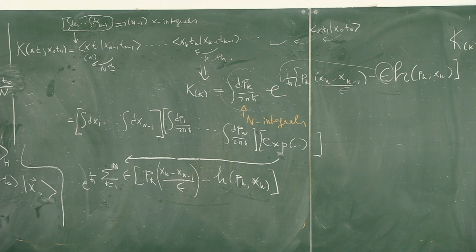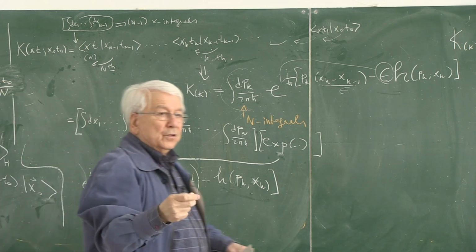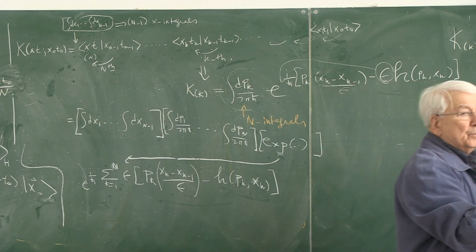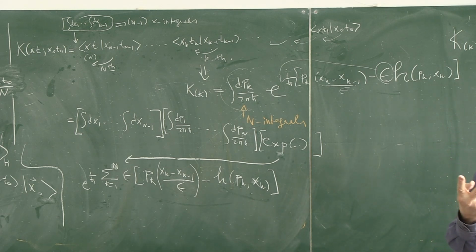Phase space is composed of x and p coordinates together, right? If it is one degree of freedom, it's easy, x and p. But here, when the number of degrees are increasing, there is a sort of a mismatch in the number of x and p integrals. Would that be a problem? Or would that be something which is going to be really crucial for the success of the formalism? The answer is the second, of course, here.